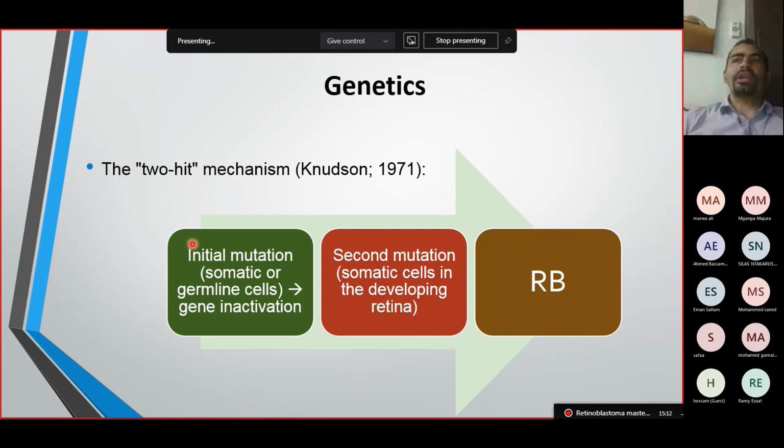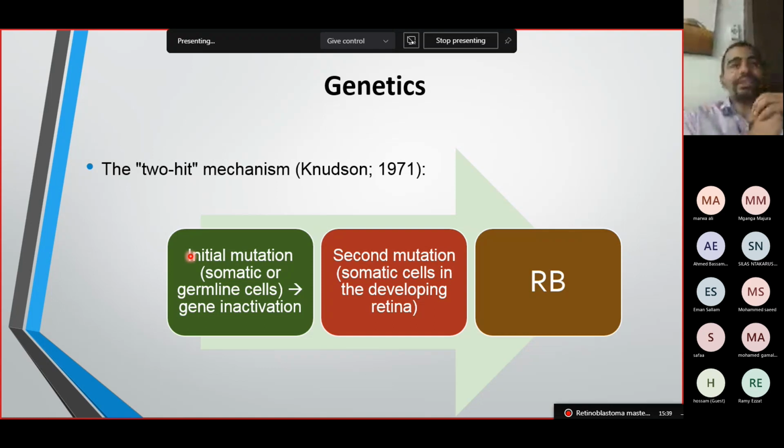So in the beginning, we thought that there is what we call an oncogene, a gene that promotes the transformation of a normal cell to a malignant cell. We thought that this gene would become active and initiate the retinoblastoma cell and initiate the tumor. But later on, our understanding got better.